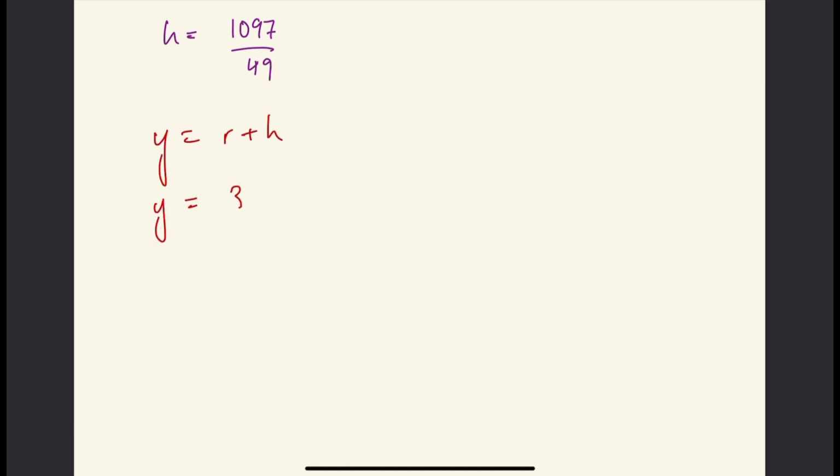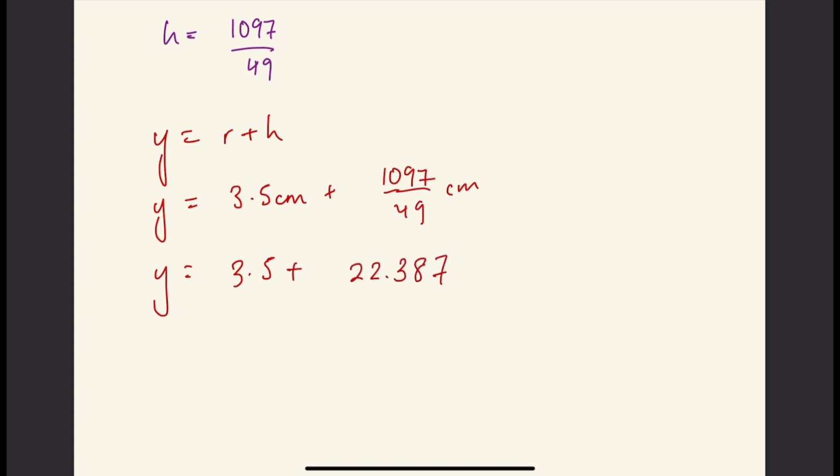Y is equal to 3.5 centimeters plus 1097 over 49 centimeters. Y is equal to 3.5 plus 22.387. Leave it to 3 decimal places for now.